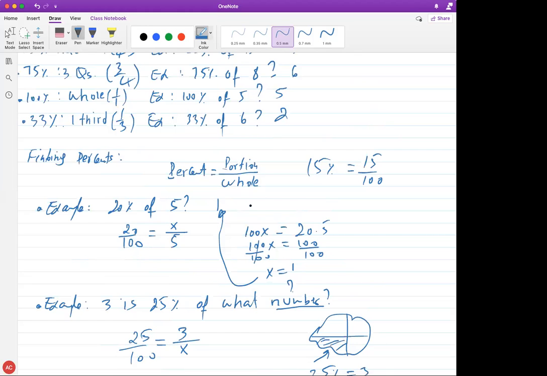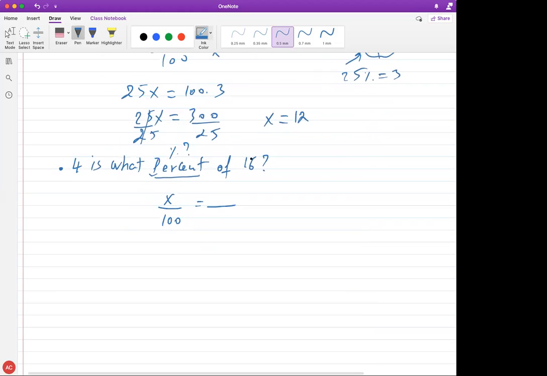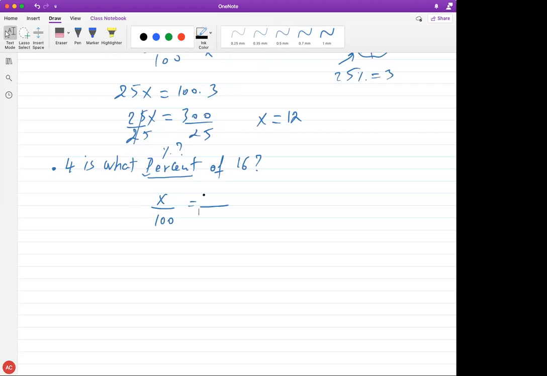How do we set up the other fraction? Obviously the whole is the larger number, that's 16. And of course the portion of it, just 4, a little bit out of 16. So if you're missing the percent, the x goes here, and you should have the other numbers.